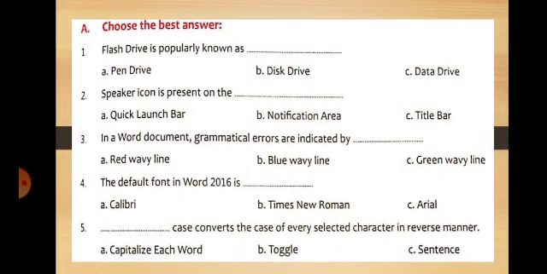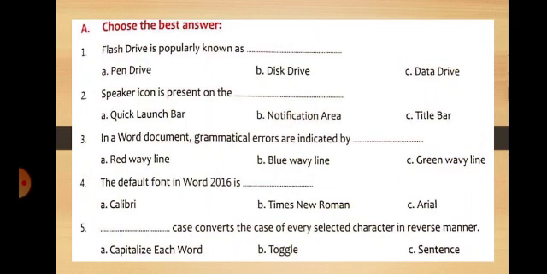Now, next question, page number 47, A. Here, a few multiple choice questions are given. First one is, flash drive is popularly known as dash. The options are pen drive, disk drive, data drive.